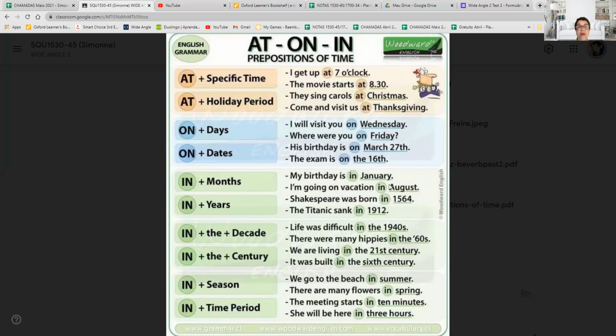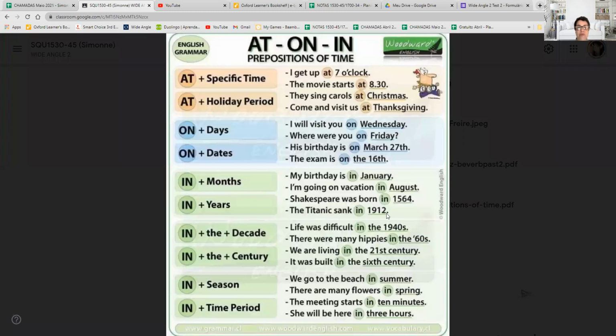Just the months. When I'm just referring to the years, Shakespeare was born in 1564. So I use the preposition in, okay? The Titanic sank in 1912. Only the year, okay, guys?